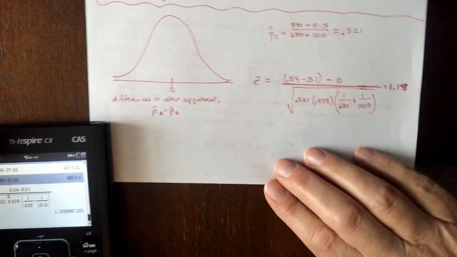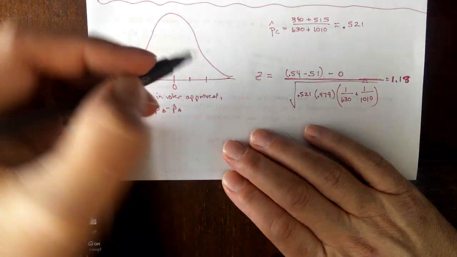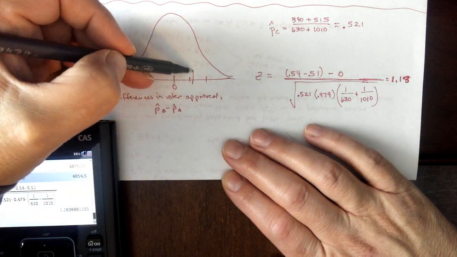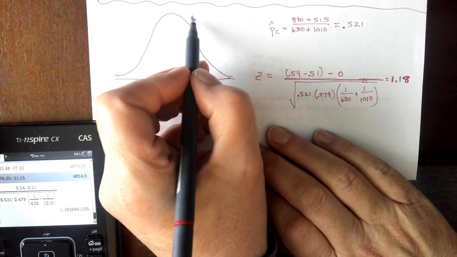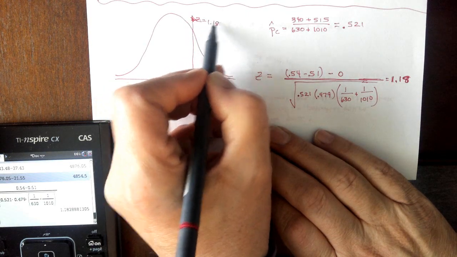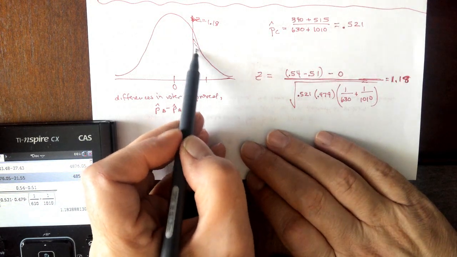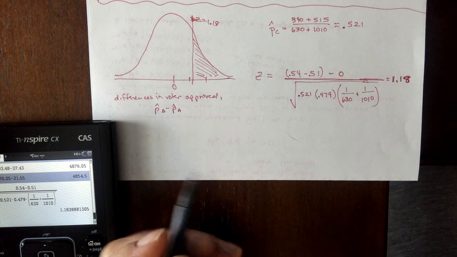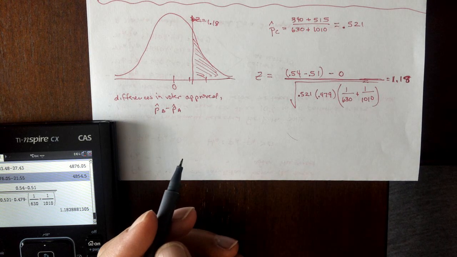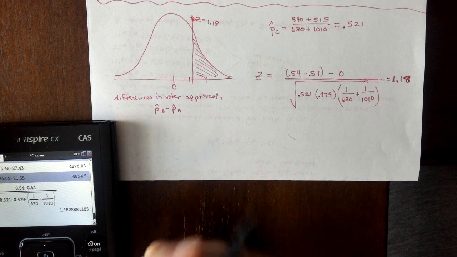Well, let's make a mark first. So our z-score is 1.18, so a little more than 1 standard deviation above the mean is where our sample hits. So this correlates to a z-score of 1.18. And we want to know the probability of a difference greater than that, because our alternative hypothesis was that the difference was greater than 0. So we're going to shade in the greater than direction.